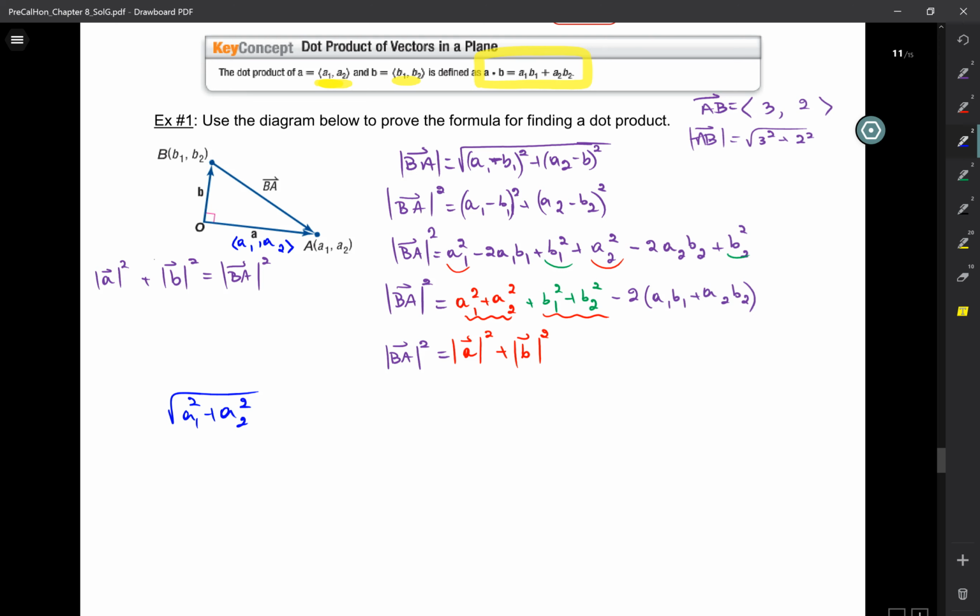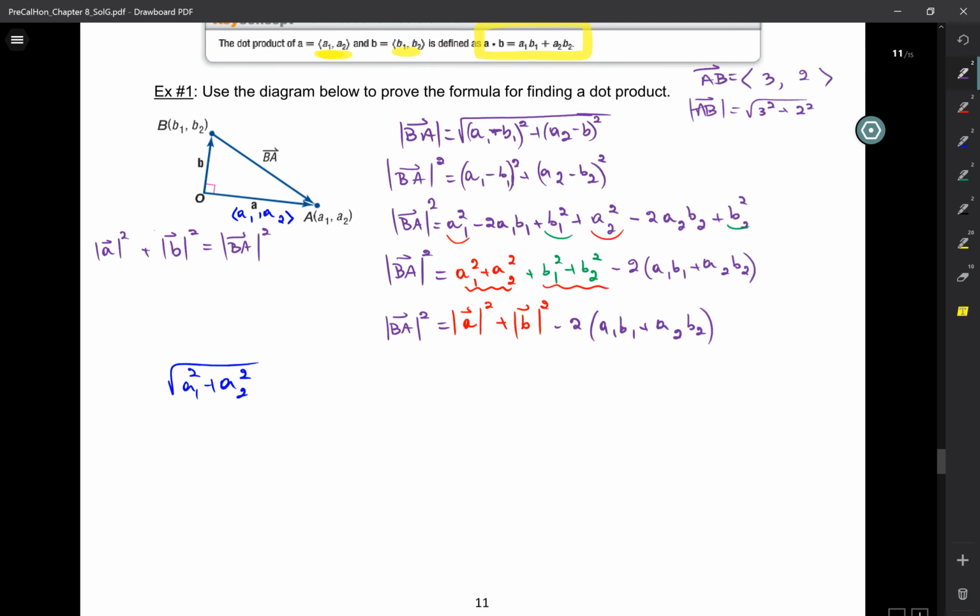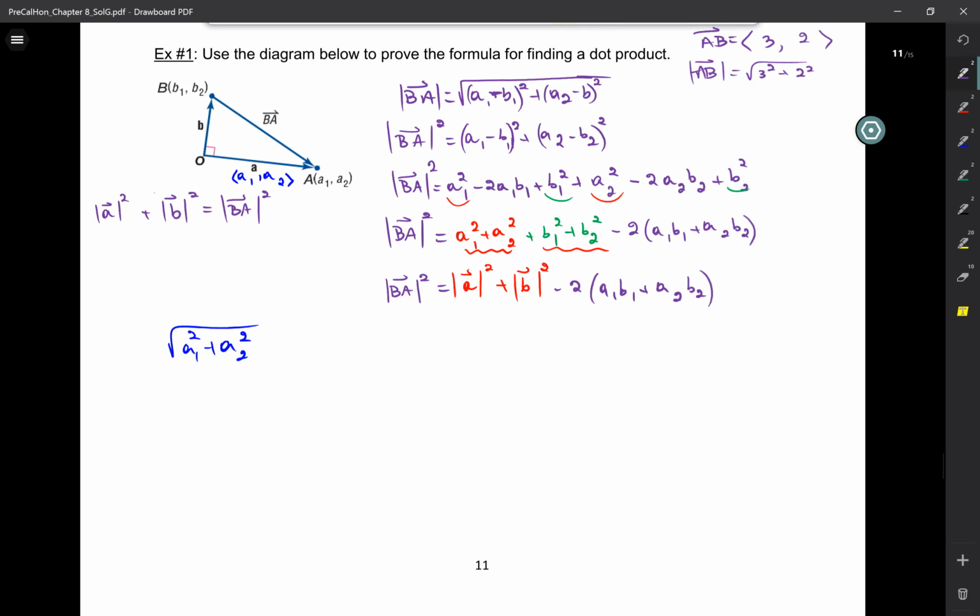But this is without the square root, so it's the square of it. So it's the length of, okay, so minus 2 times A1 B1 plus A2 B2. Okay, you know what? For time constraints, I'm going to leave this here and I'll revisit this. Let's move on and then we'll come back to this. Okay?